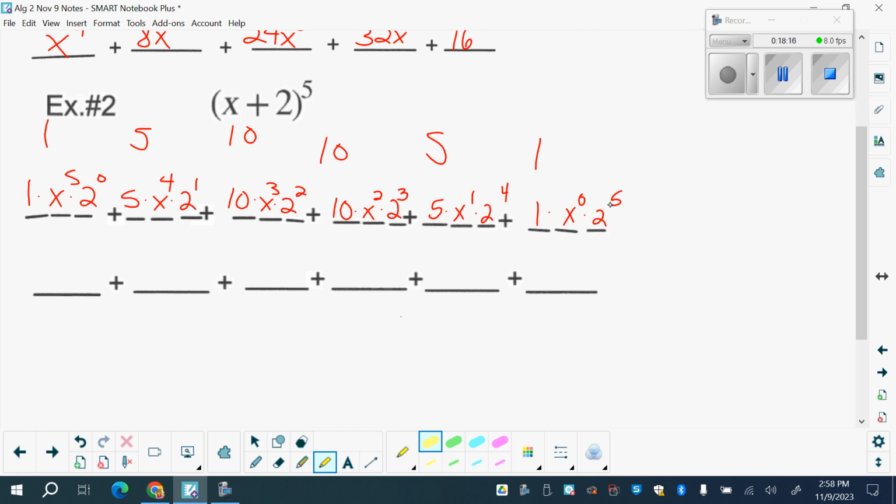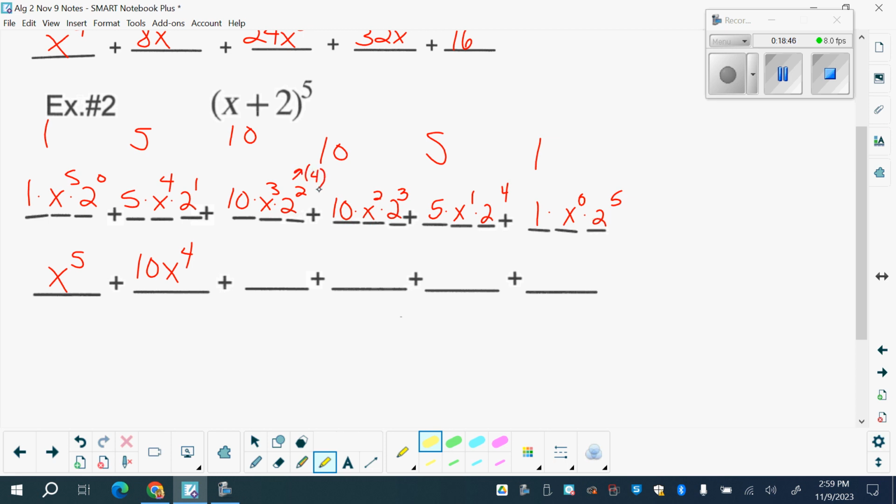Okay, so now we're going to simplify. 2 to the 0 is? 1. 1 times 1 would be 1, x to the 5th. 2 to the 1 is 2. 5 times 2 gives me 10, x to the 4th. What's 2 squared? 2 to the exponent 2 is 4.